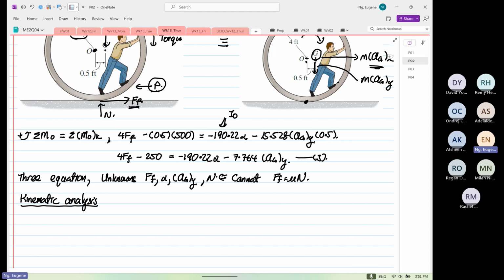It's like when your structure is statically indeterminate: forces in X, Y, and moment about Z cannot solve your equation. What must you do? You use deflection equal to PL over AE. Yes or no? Is that cumulative or not? Yes or no? Or you don't know?